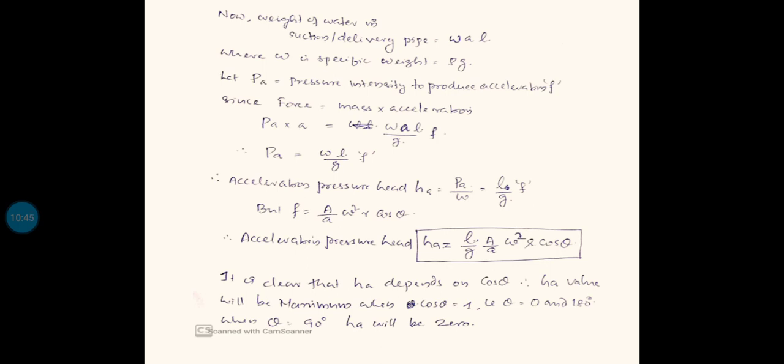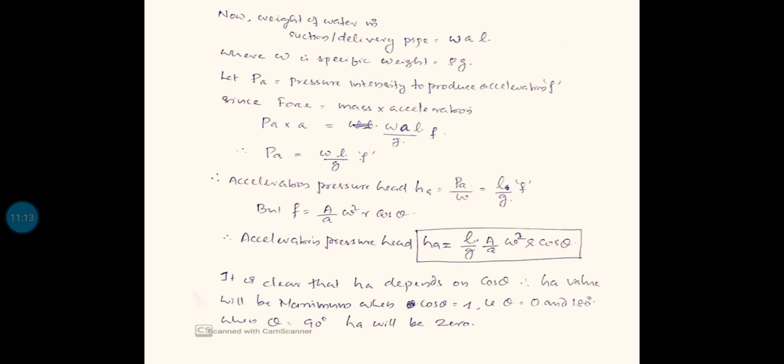That is the equation for the pressure intensity produced due to the acceleration. Now from the pressure we want to find the head. How will we find the head? The general equation is P equal to rho g h, where h is the pressure head and P is the pressure. So P by rho g will give the pressure head. PA is the acceleration pressure. To find the acceleration pressure head HA, just divide PA by rho g, where rho g is W, the specific weight.